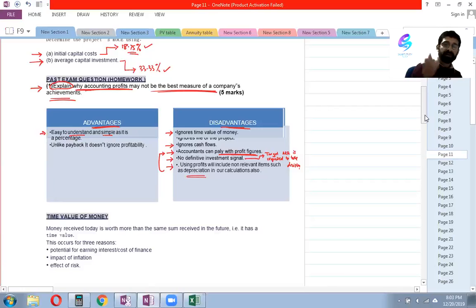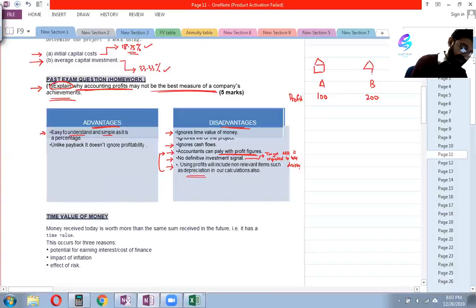It means that you can easily compare two projects, because they will be considering the capital employed also. Let's say you have project A with a profit of 100 and project B with a profit of 200. Which investment is better? What do you think? Well, of course, you'll say the second one is better because it's giving you more profit.